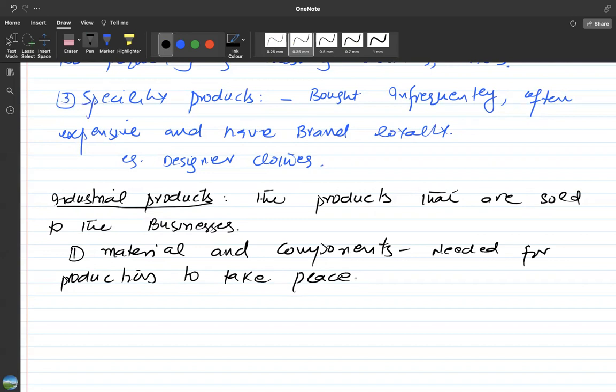We can include an example, the steel and electric motors for washing machines, if washing machine is a consumer product. So these are the components for that.